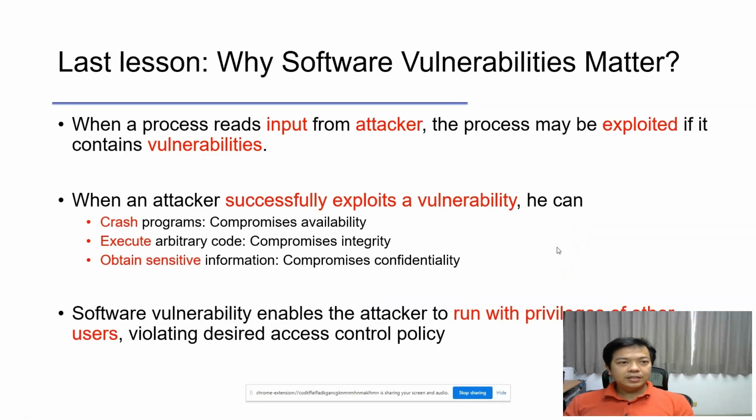In the last lesson I already introduced the definition of software vulnerabilities and why they matter. I'll recall it again, and I hope you got the key point of this concept. A software vulnerability is a flaw in a process that reads input from the attacker.